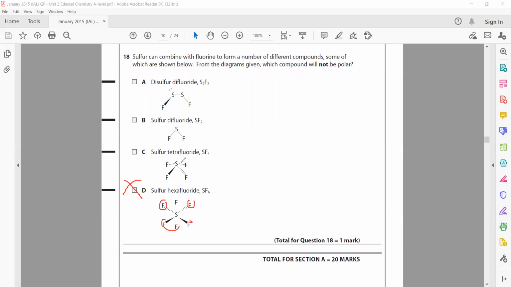Here they have polar bonds and there are lone pairs on sulfur, but in this case sulfur does not have a lone pair and all identical atoms are attached, so overall it will be non-polar. So this was the January 2015 Unit 2 MCQs.